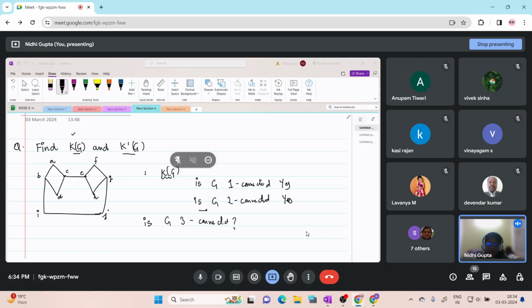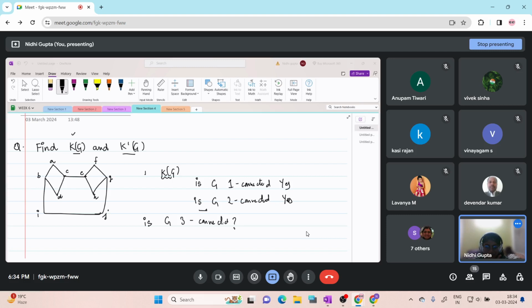That means if you remove any two vertices, this graph should remain connected. That is, there is not a vertex set of two vertices, a vertex cut. Yes, we can remove two, still it is connected, ma'am. Did you check for every pair of vertices?